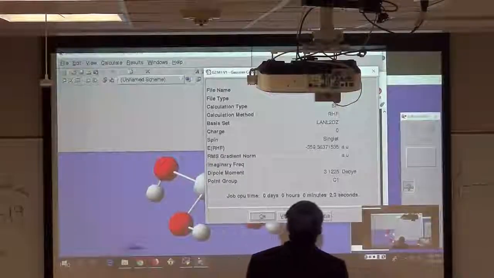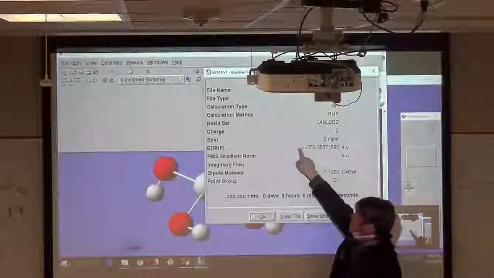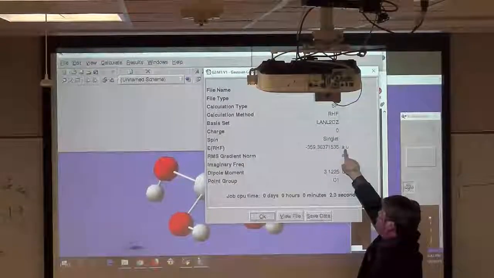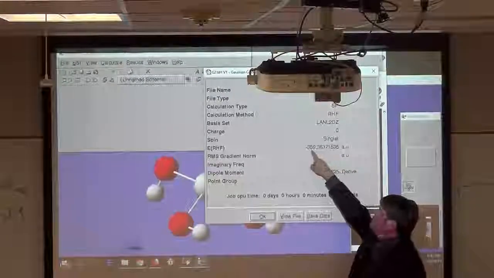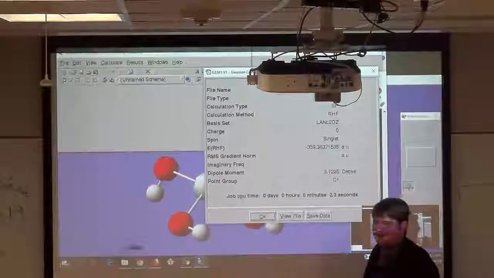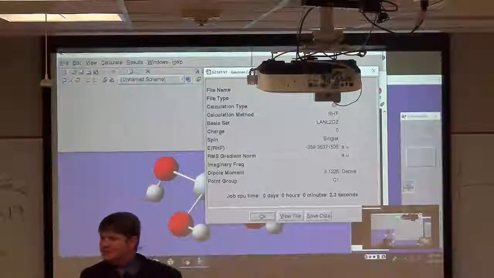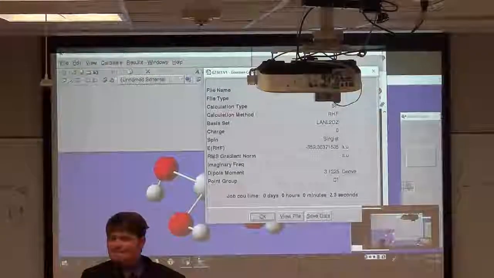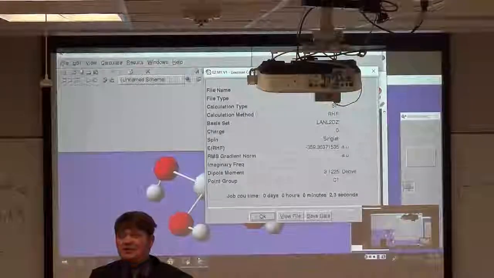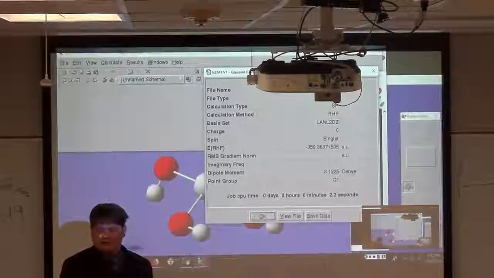So the main result, which is here, is this total energy. So it is this many, minus 360 atomic units. How small, how large is it? Well, it is very negative, but by amplitude it's very high, right?